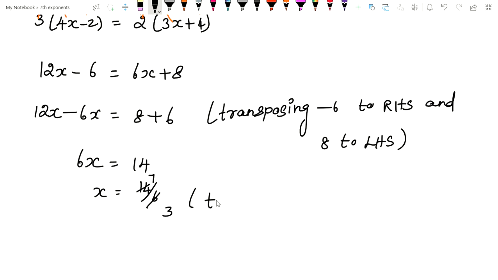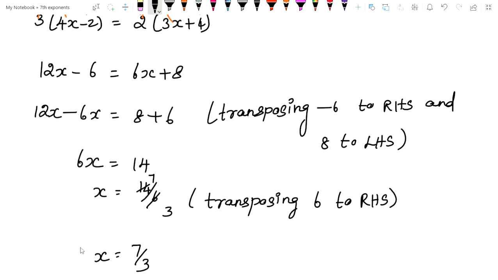Here what we did? Transposing 6 to RHS. So x equal to 7 by 3. So this is the answer. Is it clear, children? Thank you, children.